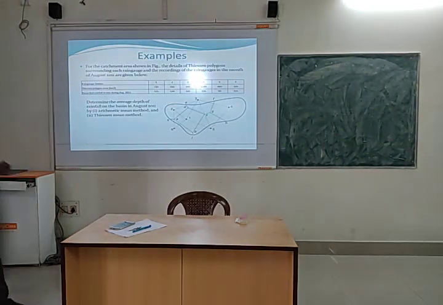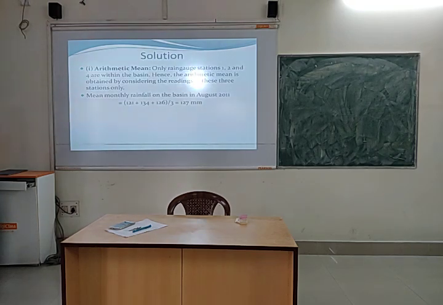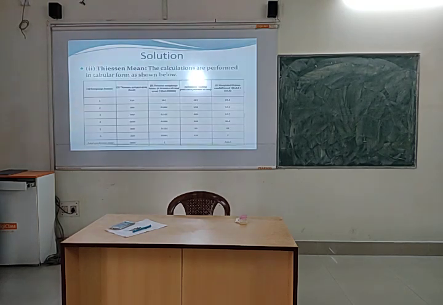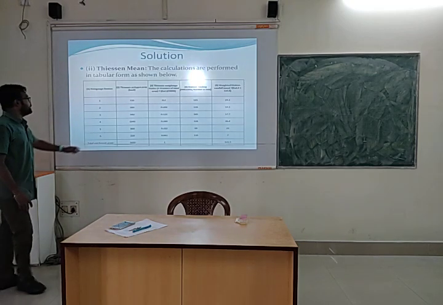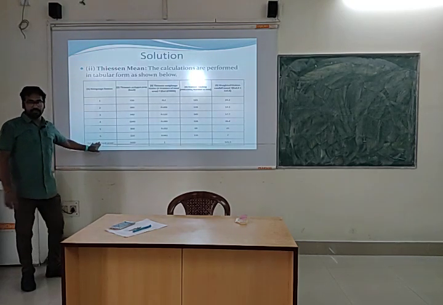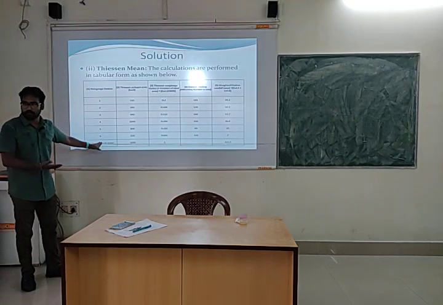Now for those cases it will be better to prepare one table, right? You can solve it in a numerical way as well. Other than that, you can draw a table like this one. So here you can see station numbers or names of the stations are provided.